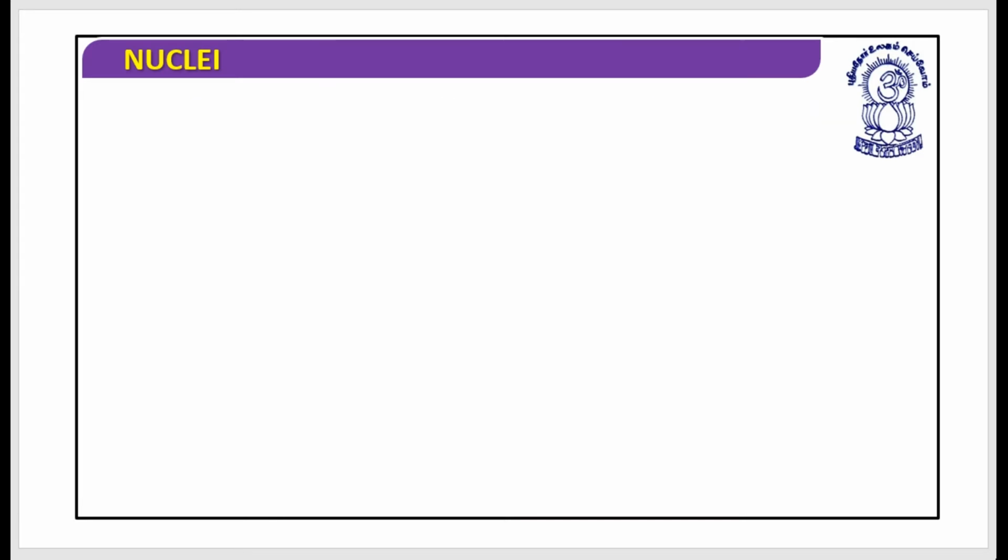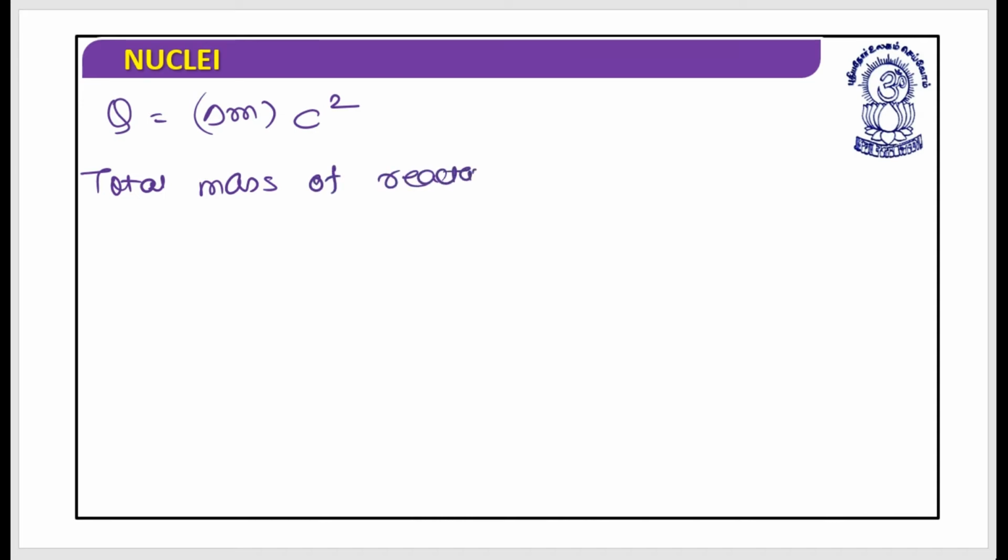So what I understand is that the energy released will be equal to the total mass of the reactants minus the total mass of the products. Basically, Q is equal to delta m into c square. So let's see the total mass of reactants.